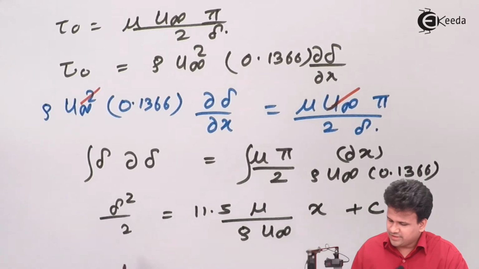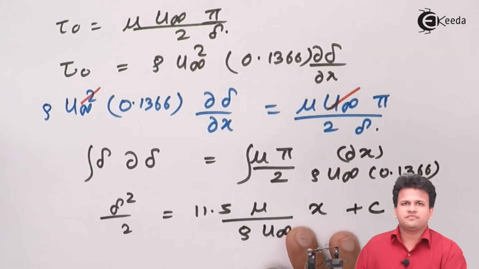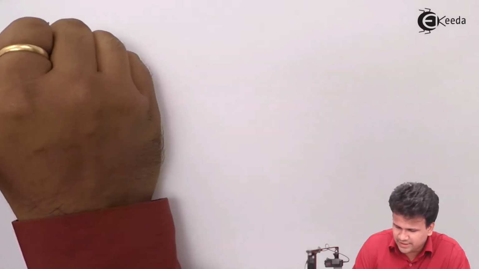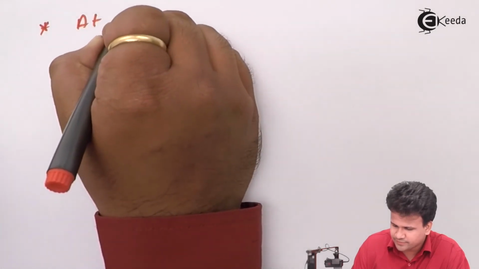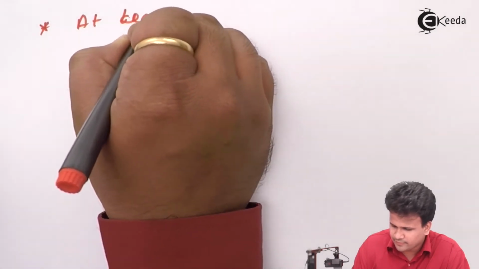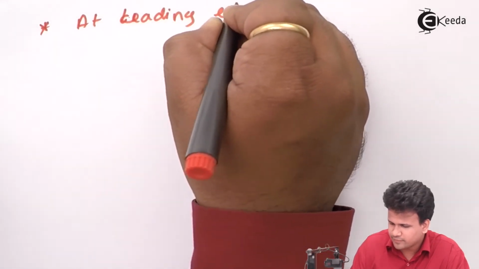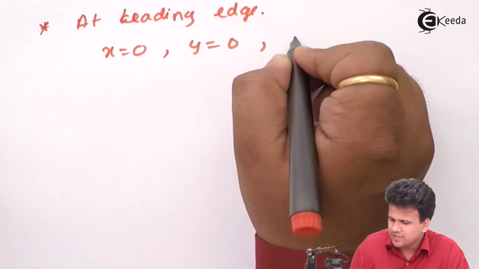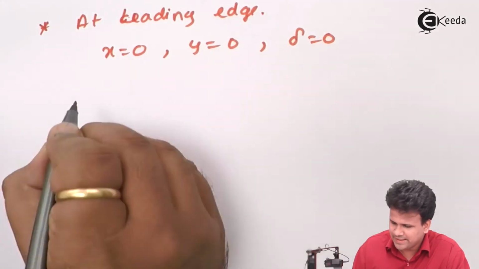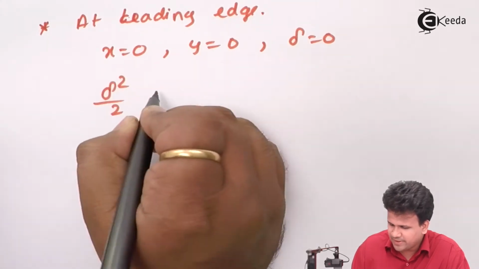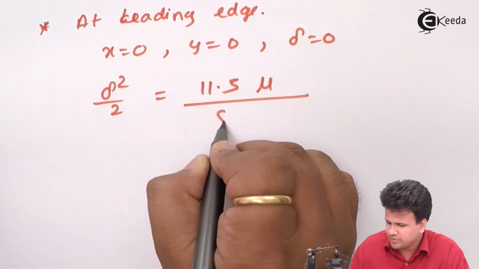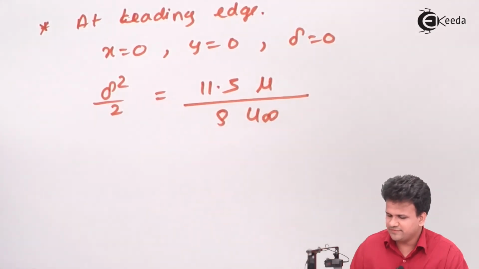Now we'll substitute the condition of the leading edge. At the leading edge point, we have x equals 0, y equals 0, delta equals 0, and hence we'll get delta square by 2 is equal to 11.5 mu upon rho into u infinity.